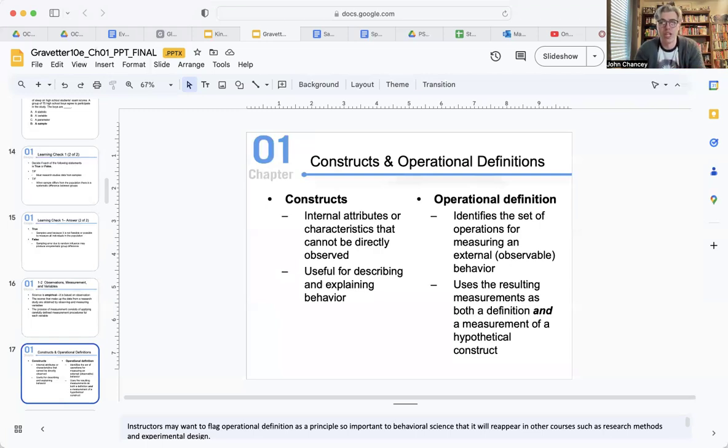So if we were interested in studying anxiety, we have this construct of anxiety that we want to address and answer, but we need an operational definition in order to be able to study and capture it. There are a lot of different ways you could do this. You could have people self-report their levels of anxiety. You could hook people up to some kind of device that might collect their heart rate before and after an event. You could do the same thing with their galvanic skin response.